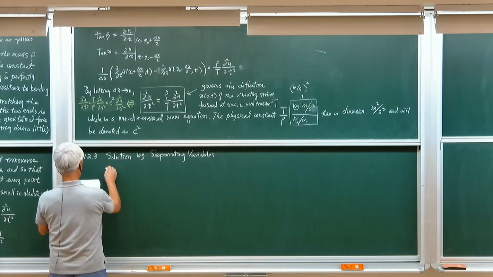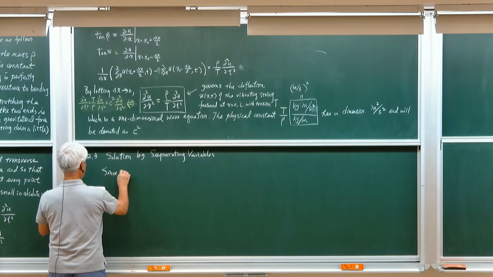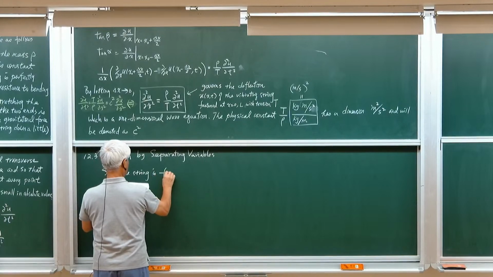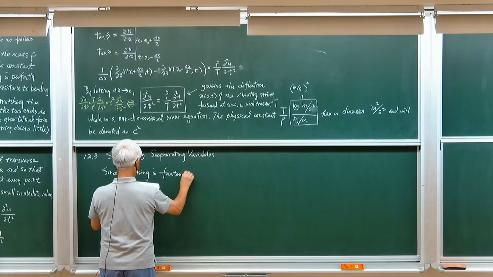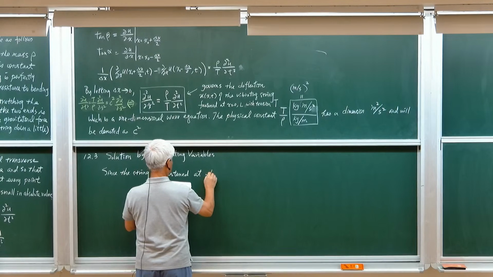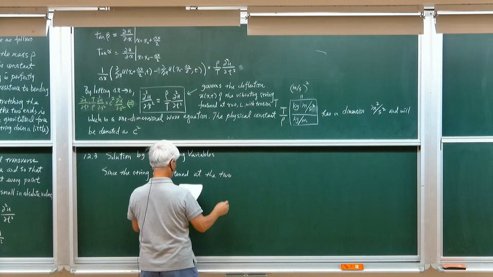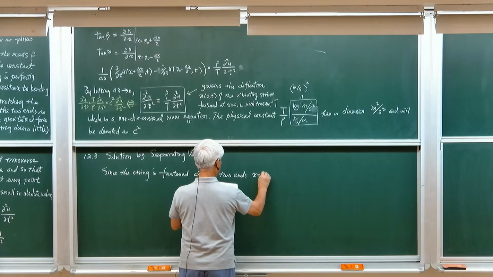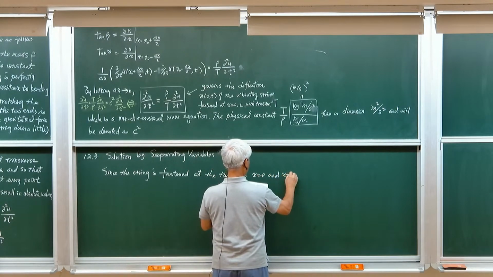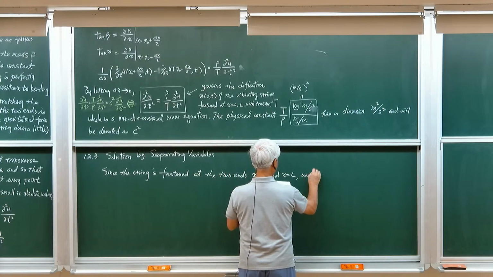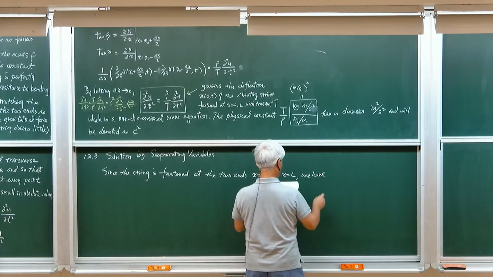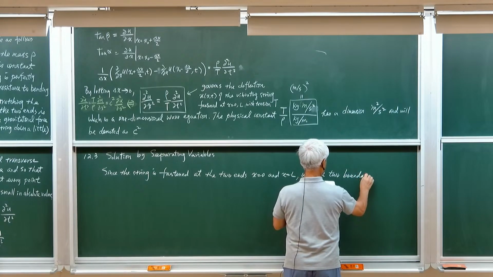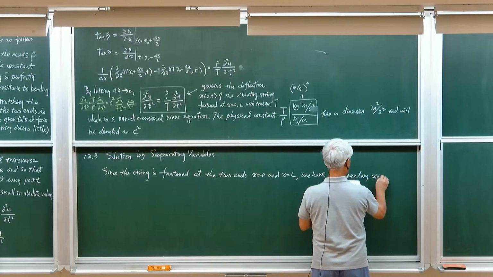Now, since the string is fastened at the two ends, x equal to 0 and x equal to L, we have two boundary conditions.